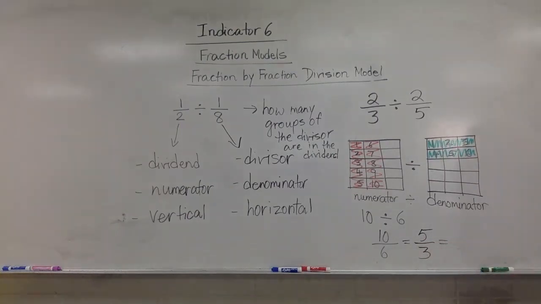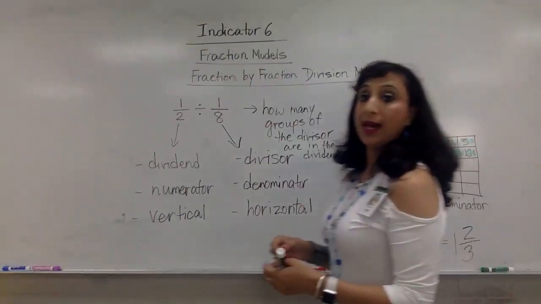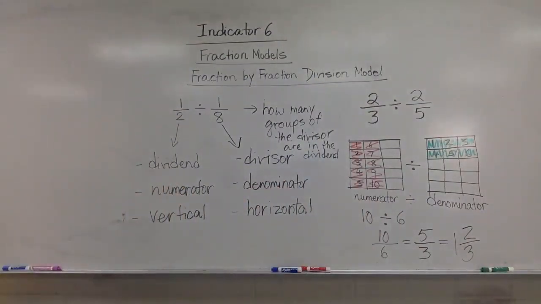And that gives me, if I am converting it to a mixed number, I get 1 and 2/3. All right, so that's how we see how many groups of 2/5 are in 2/3.